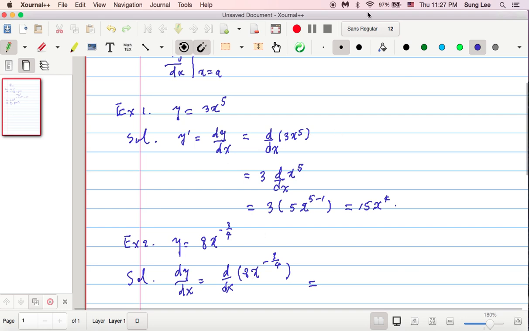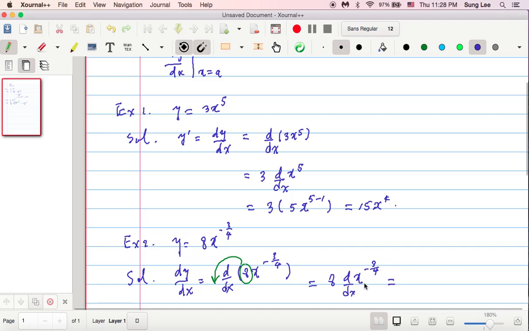So dy by dx is d by dx of 8 times x to the power negative 3 over 4. Again, this constant multiple can be brought outside of the derivative, so 8 times d by dx of x to the power negative 3 over 4.